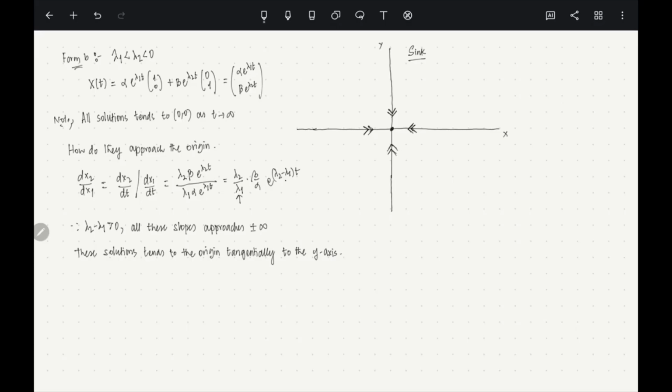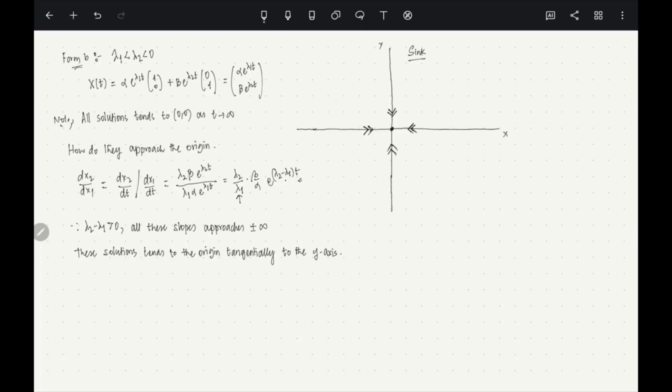So when it moves, as lambda 2 minus lambda 1 is positive, we are starting t at minus infinity. At minus infinity, this particular term, e to the power lambda 2 minus lambda 1 times t, is going towards 0, right?